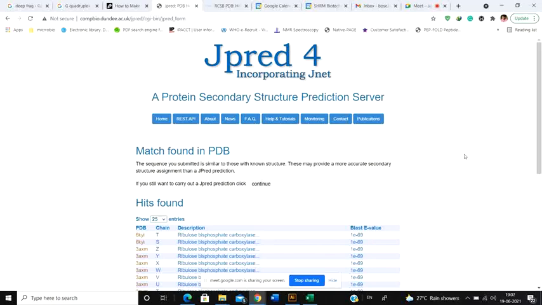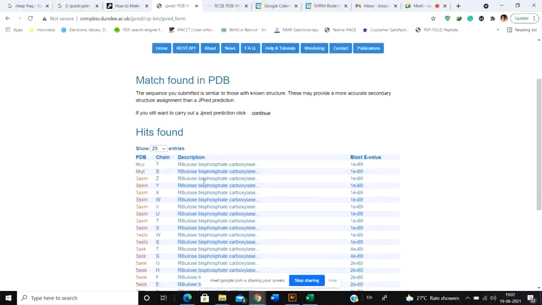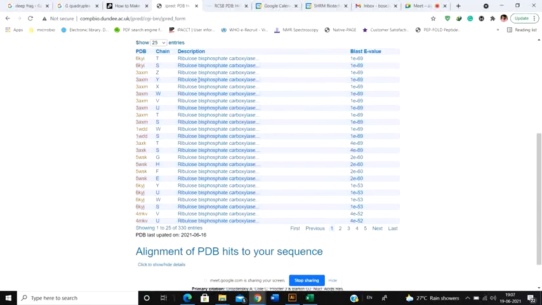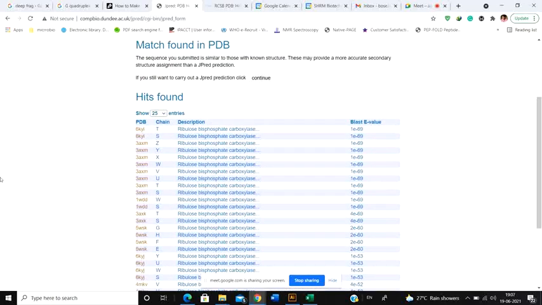So it will go into that database and try to find proteins which have a similar structure. In this case, it found that this molecule has some similarity with ribulose bisphosphate carboxylase, which belongs to different species of plants. So it says your protein has similarity with this protein.